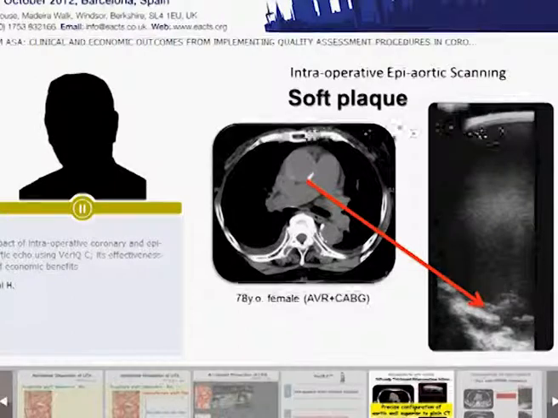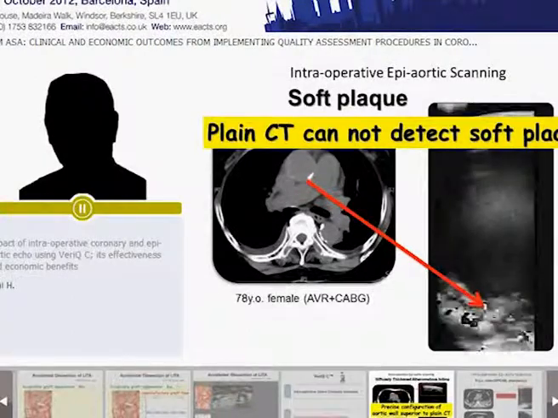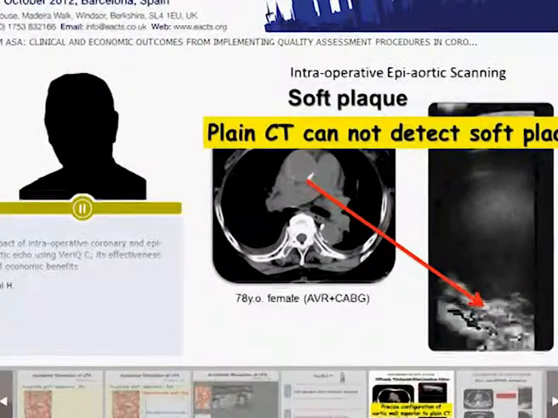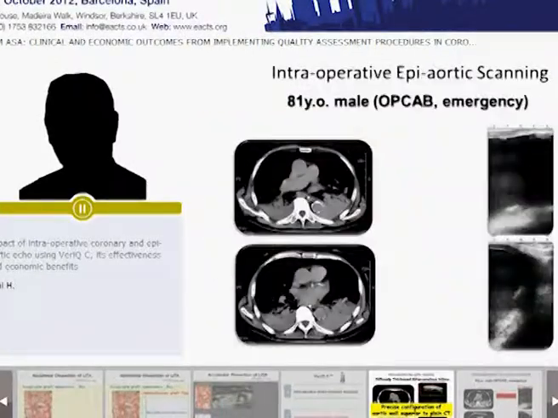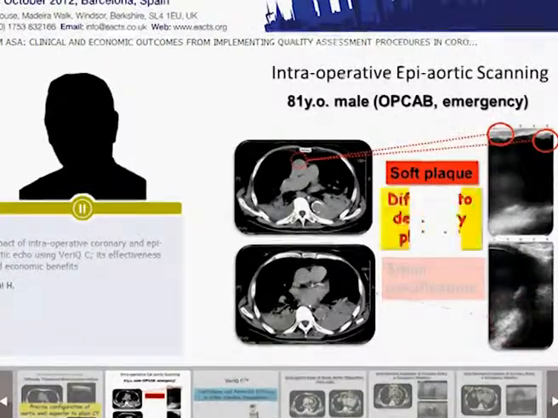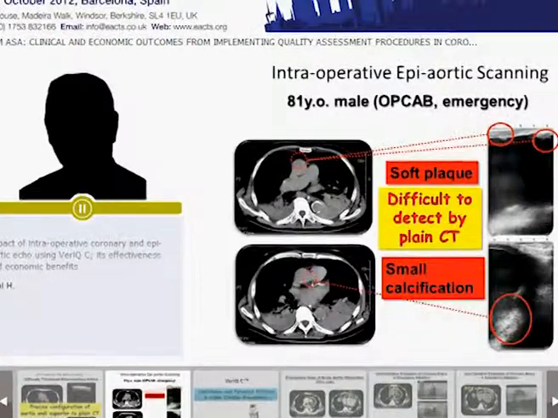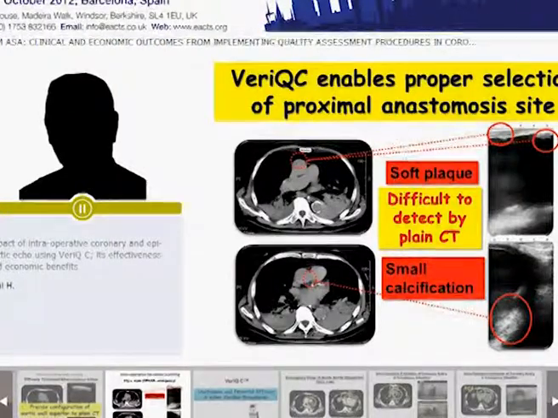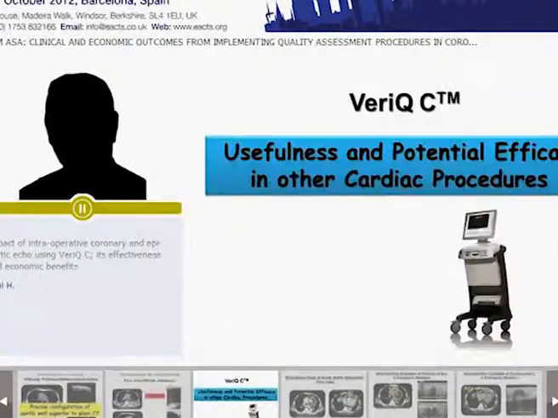If there is a soft plaque, VeriQ C can clearly show it, and such a soft plaque cannot be detected by plain CT. So for this particular case, an 81-year-old emergency OPCAB case, I found soft plaque and some small calcification over there. So VeriQ C enables proper selection of the proximal anastomosis site.